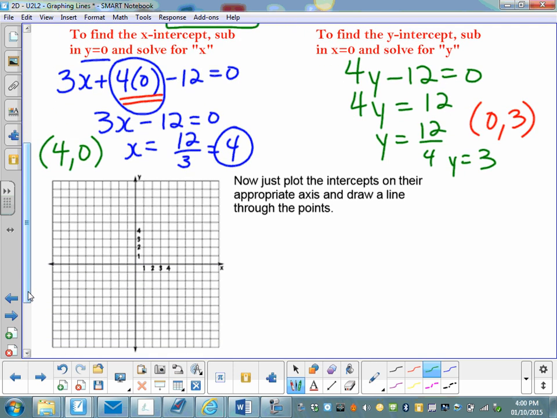Now just plot the intercepts on their appropriate axes and draw a line through the points. So if I draw a point at (0, 3) for the y-intercept, the line's going to go through that point there. And if I plot a point at (4, 0), that's the x-intercept, we have a line that's going to go through there.